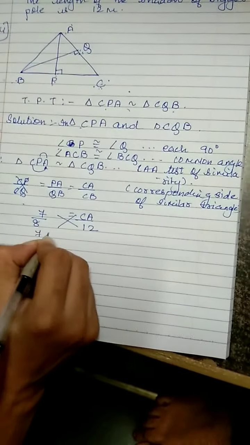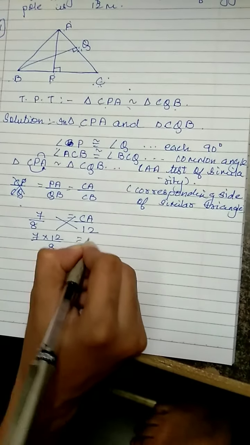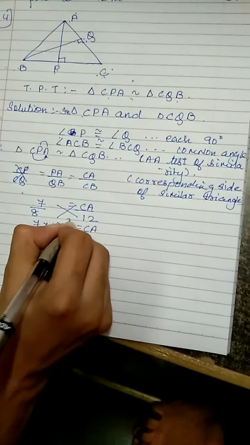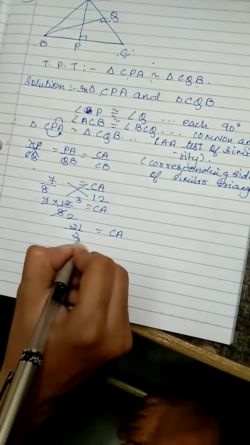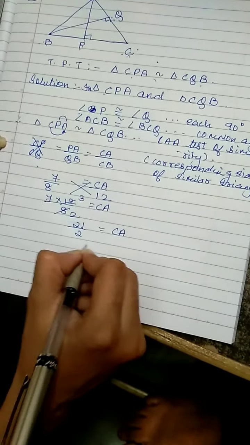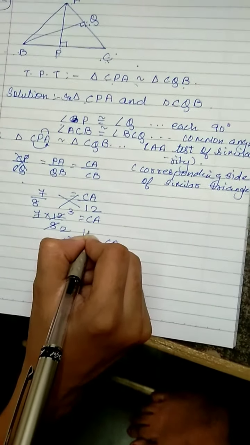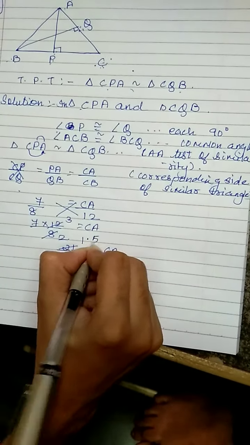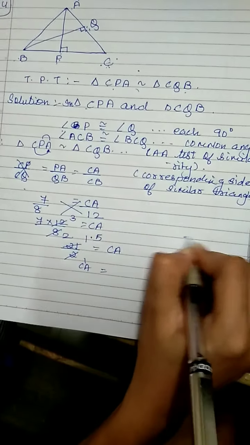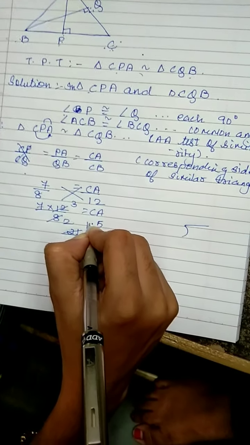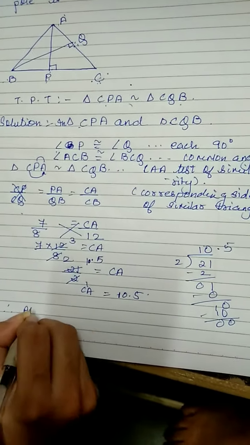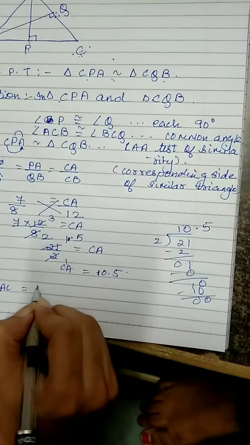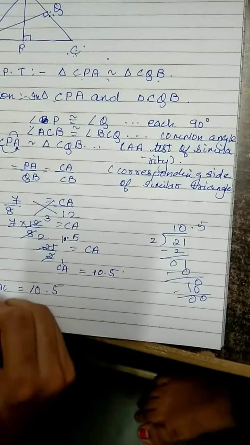Cross multiply. 7 into 12 upon 8 is equal to CA. 4 twos are 8, 4 threes are 12, so it is 21 upon 2, which is 10.5. Therefore the value of AC is equal to 10.5.